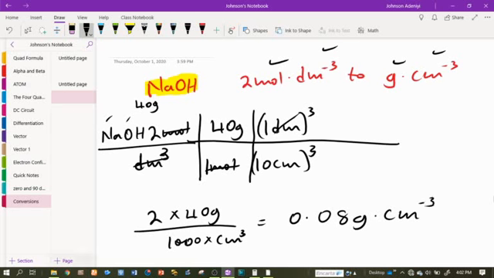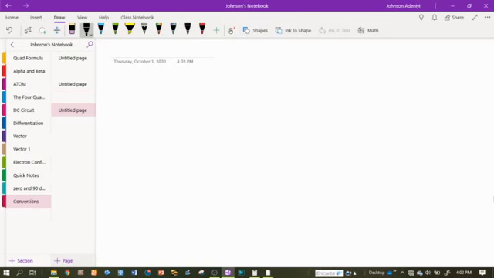So that is that. Okay, let's look at the reverse situation now. Let's convert from gram per dm cube to mole per cm cube. So let's look at something like calcium carbonate.